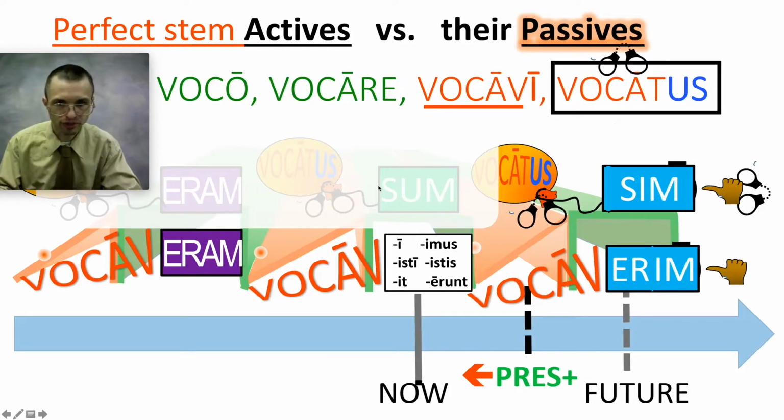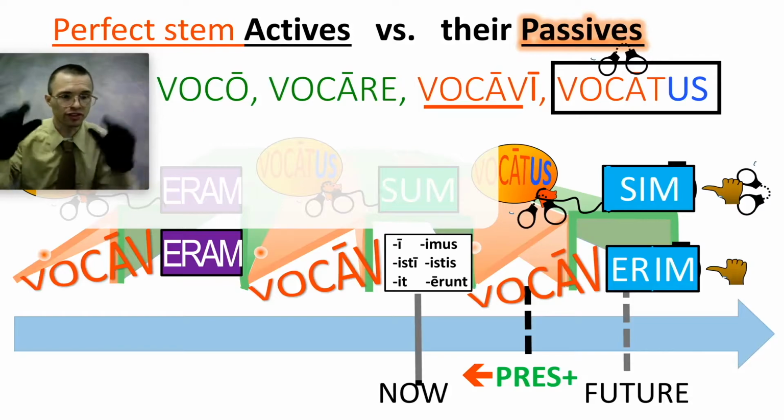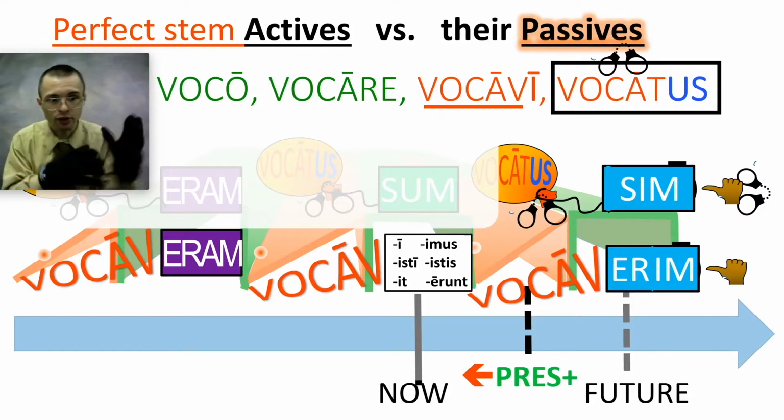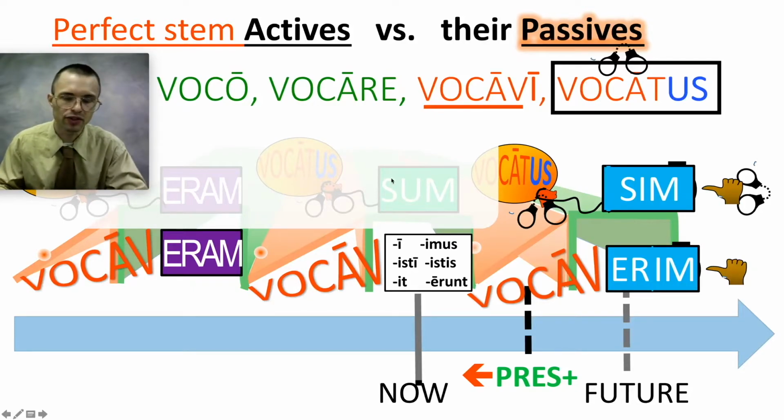Really, sum is present and sim is potentially present, because a subjunctive is just a hazy cloud that could be anywhere, present or future or past, depending on when the main verb is. So sim is just the subjunctive form of sum. And you're going to have to get used to sticking on the sim instead of what you would have expected, erim.